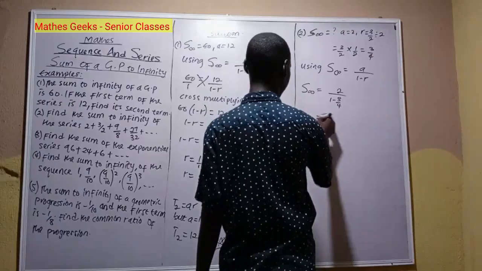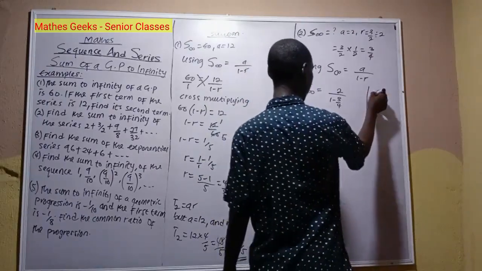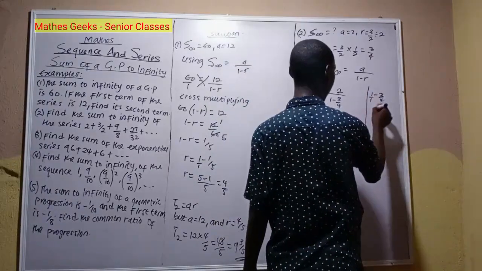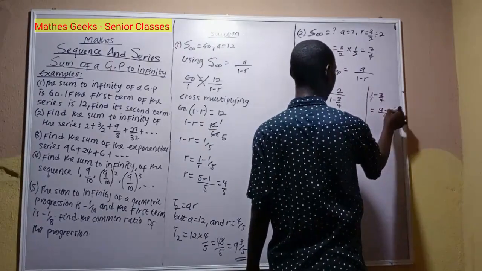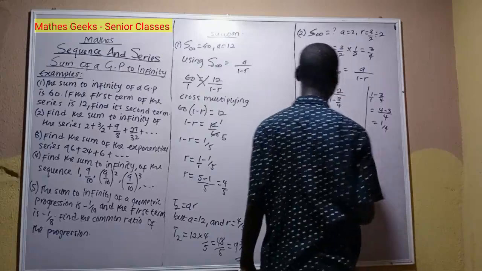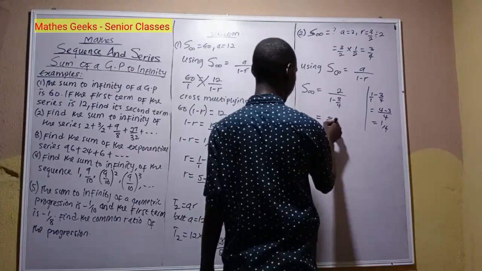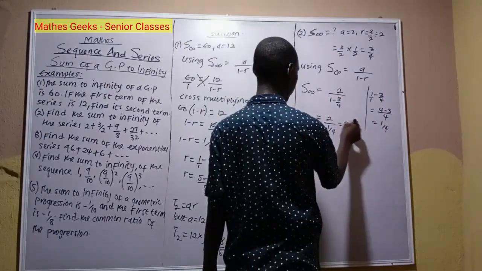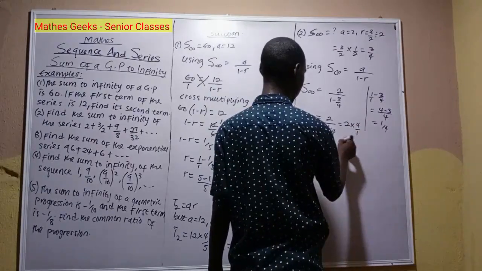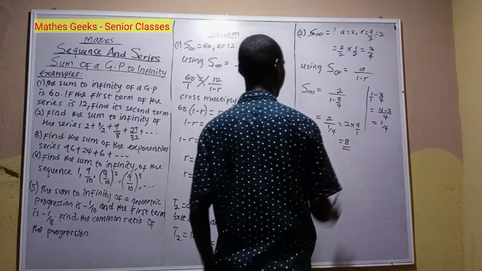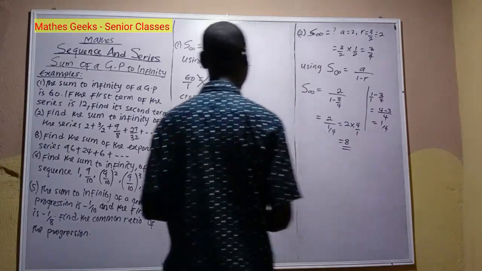The LCM is 4, 4 minus 3 gives 1 over 4. So 2 divided by 1 over 4 is equal to 2 times 4 over 1, that's equal to 8. So the sum to infinity is equal to 8.